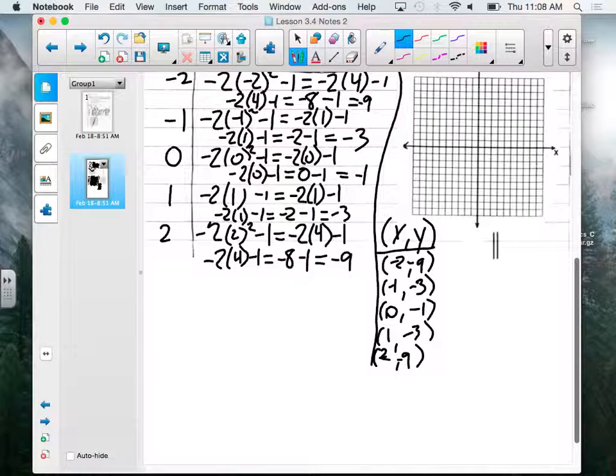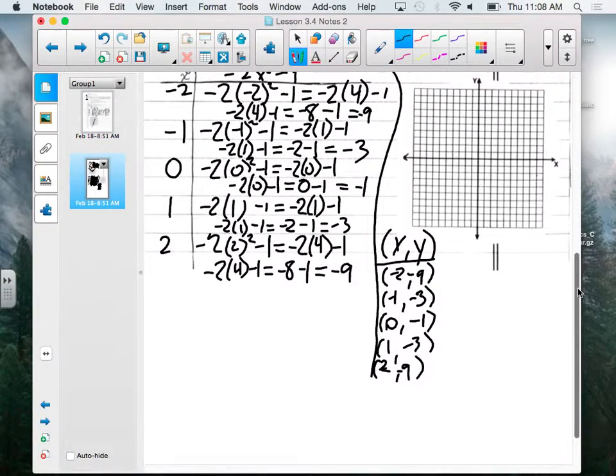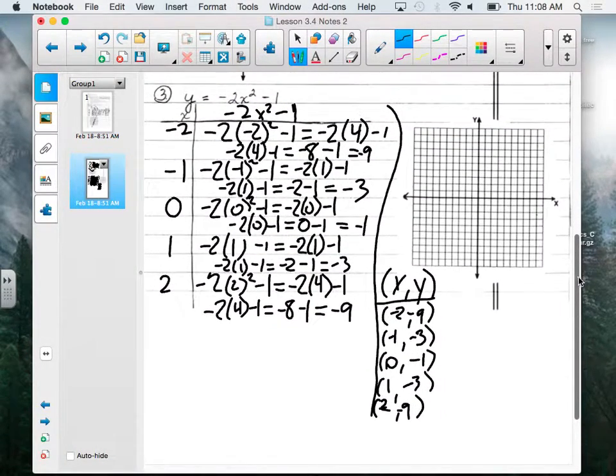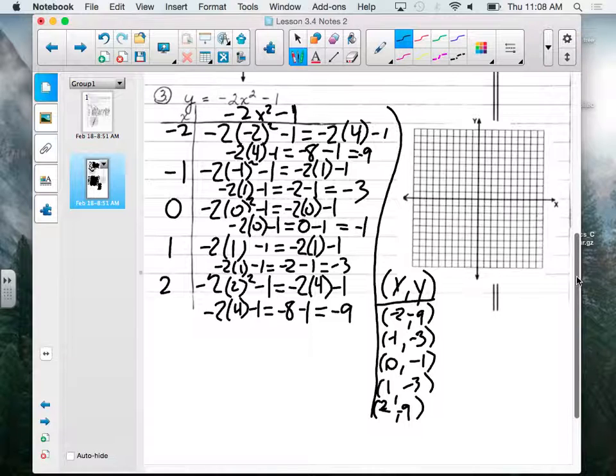All right. Did everyone get the same ordered pairs I did? Yay, nay? Yep. Okay. So now we plot our points just like we have with our other ones.